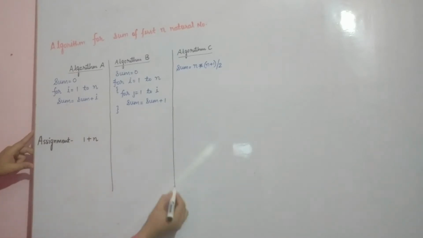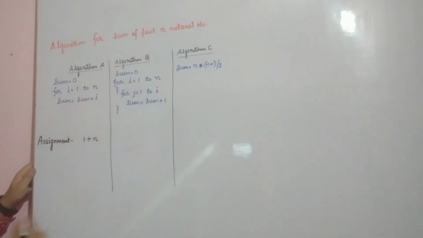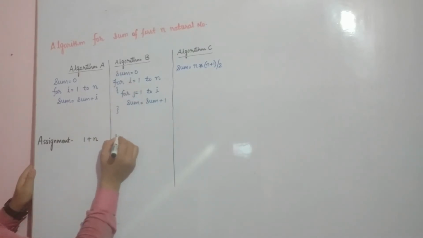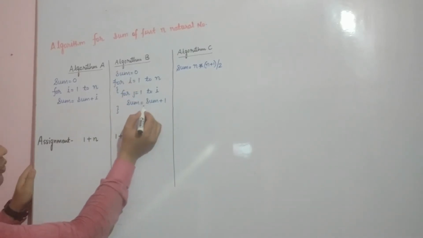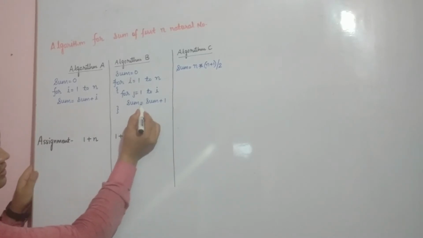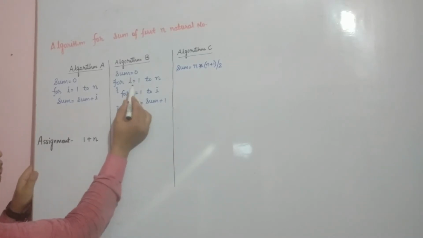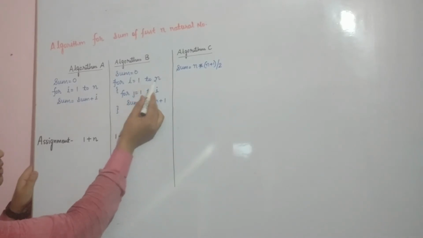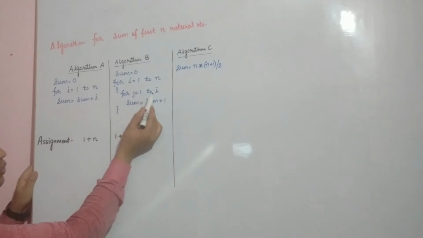Algorithm B. In algorithm B, how many number of assignments? This is first one assignment, 1 plus, and now listen, how many number of assignments in this statement? See, there are two loops, and in the first loop, the outer loop is 1 to n and the inner loop is 1 to i.